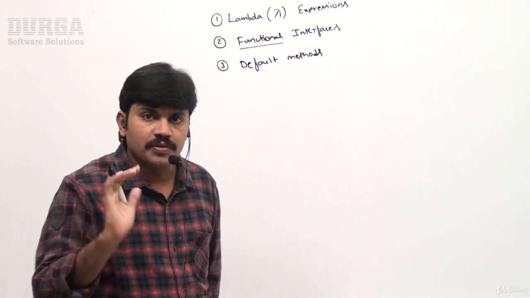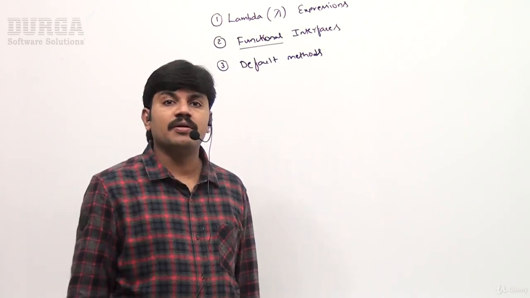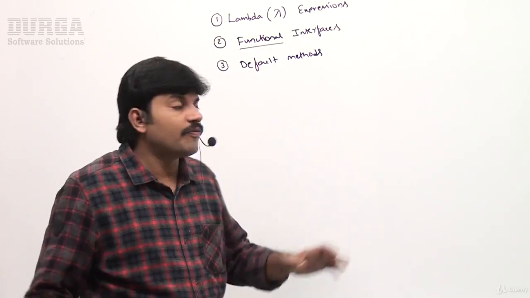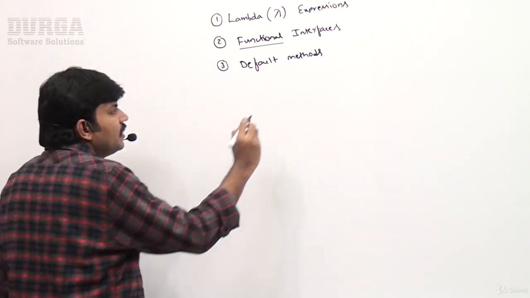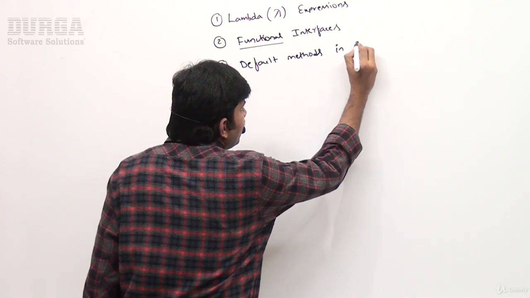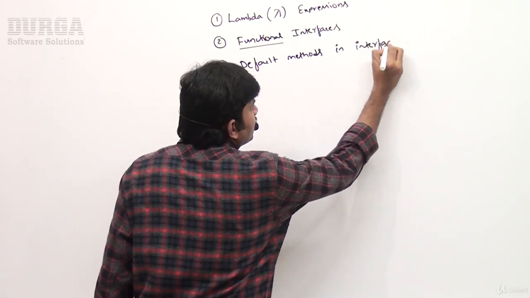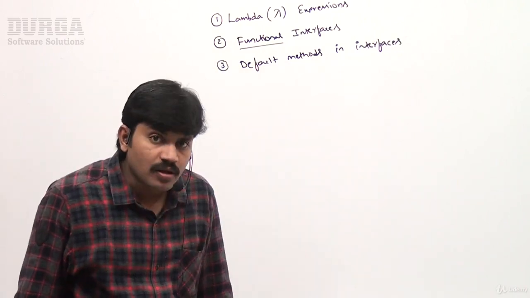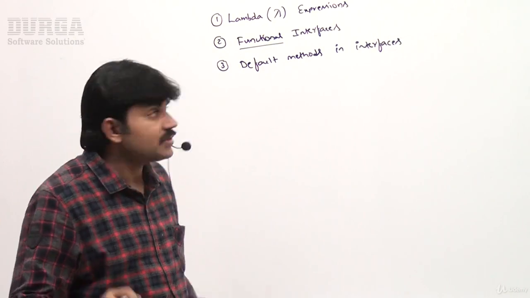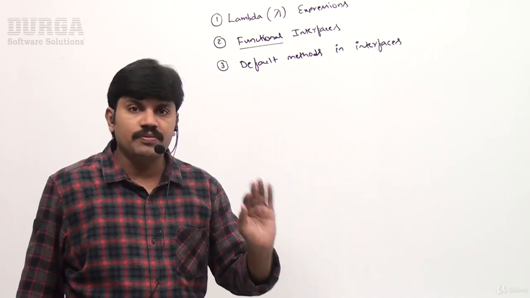What is a default method? What is the purpose of a default method? How can we declare these default methods? I will explain in detail, don't worry about that. From the 1.8 version onwards, we can declare concrete methods inside an interface, named default methods.